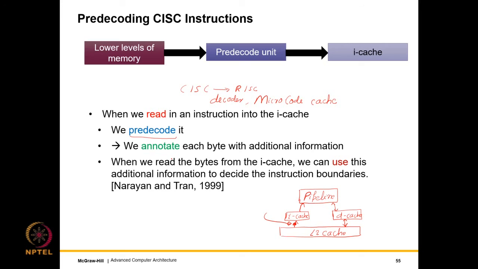For each instruction byte, we have a few extra bits which store some additional information. This additional information can be used to decide many things. One among them is finding the boundaries between instructions, where one instruction ends and where one begins. And this, of course, is not a problem in RISC, but this is a massive problem in CISC.